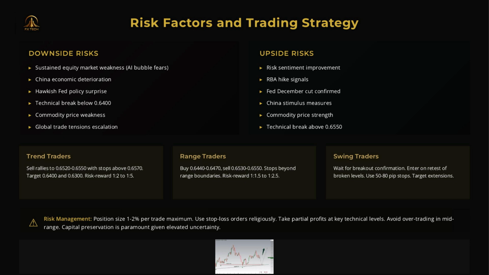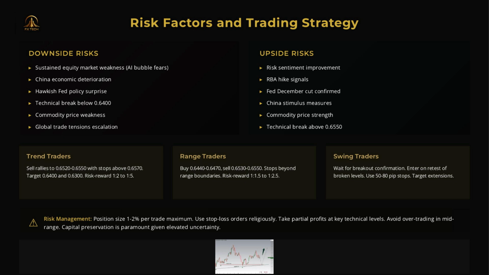0.6550. For trading strategies, trend traders should sell rallies to 0.6520 to 0.6550, with stops above 0.6570, targeting 0.6400 and 0.6300 for risk-reward of 1 to 2 up to 1 to 5.